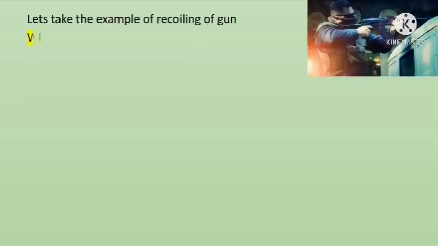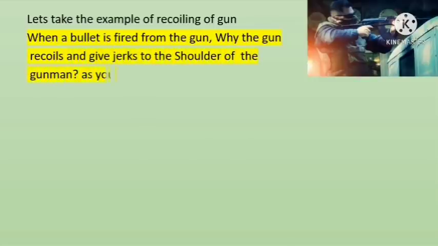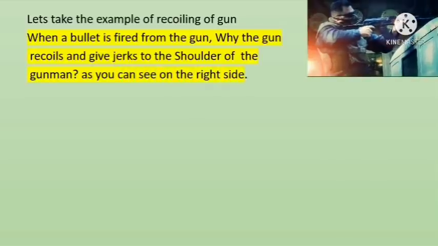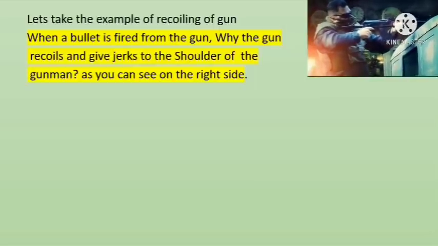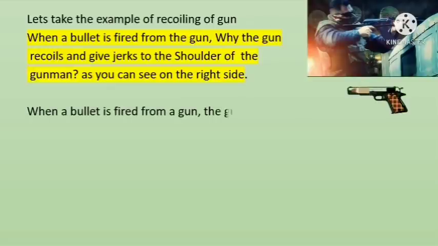When a bullet is fired from a gun, why the gun recoils and gives jerks to the shoulder of a gunman? As you can see on the right side, when a bullet is fired from a gun, the gun exerts some force on the bullet in forward direction.